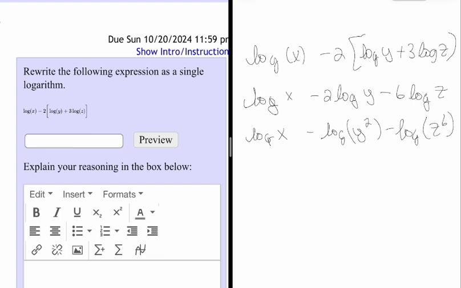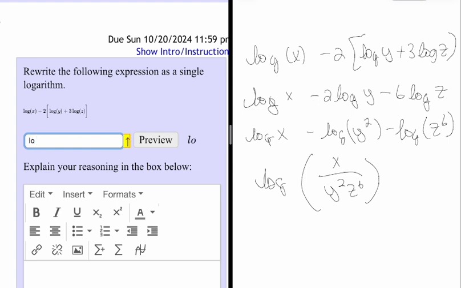Now, anything that is positive is going to multiply and go in our numerator. Any pieces that are negative are going to multiply and go in our denominator. So the negative pieces, the last two, go in our denominator, and the only thing in our numerator is an x. So now we get to condense it. The x is the only thing on top. We have a y squared times a z to the 6th on the bottom.